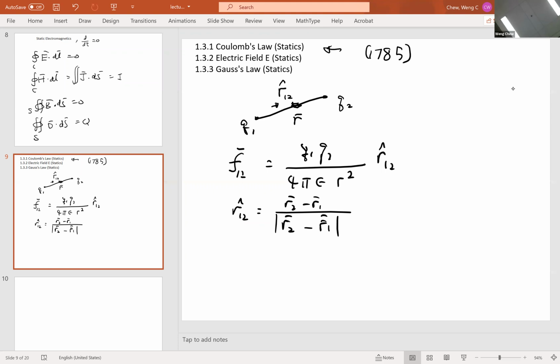These R's are called position vectors, and if you don't know what they are, you can go back and revise your vector algebra. And take this vector and divide by its own magnitude, then this vector would be of unit length 1. It always has a length of 1, and this is called a unit vector. And then you can write Coulomb's law in terms of these unit vectors if you want to.